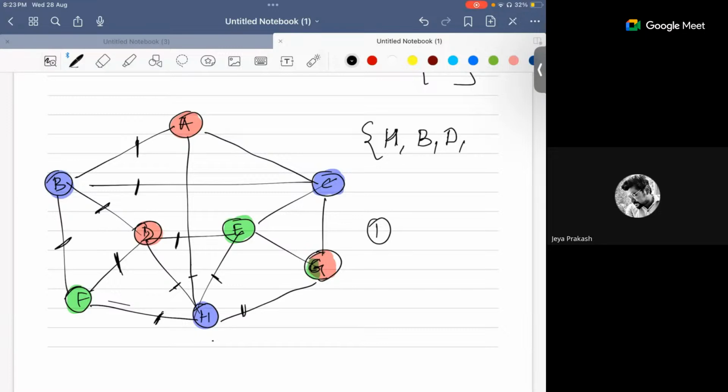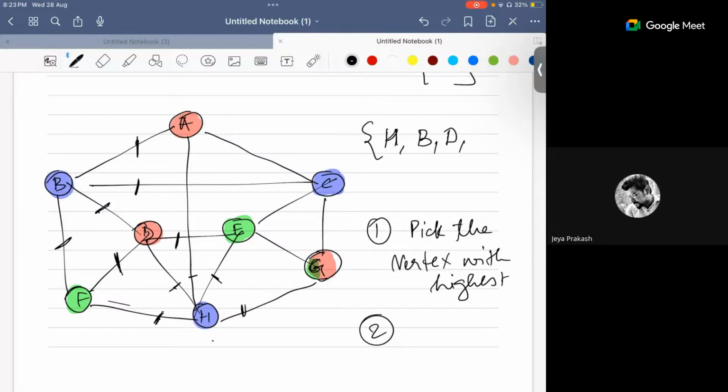So the first step can be: pick the vertex with the highest degree. We started with H, then we went to B. And the second step can be: go to the vertex with the highest number of uncovered edges.